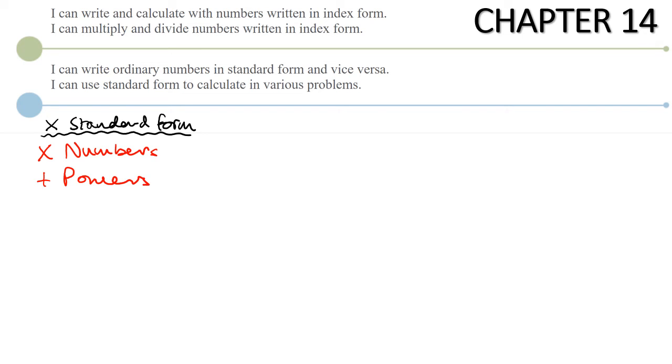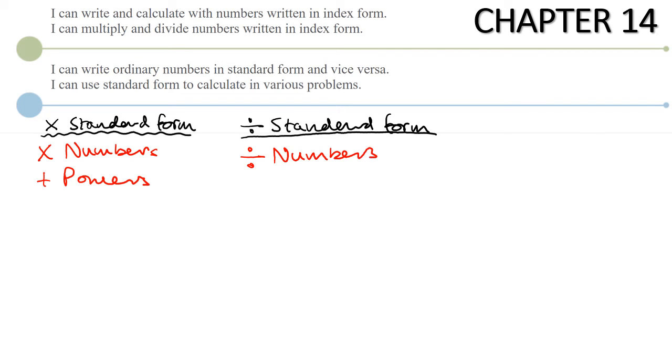If I need to divide in standard form, I'm going to do the opposite, which is to divide the numbers and subtract the powers.